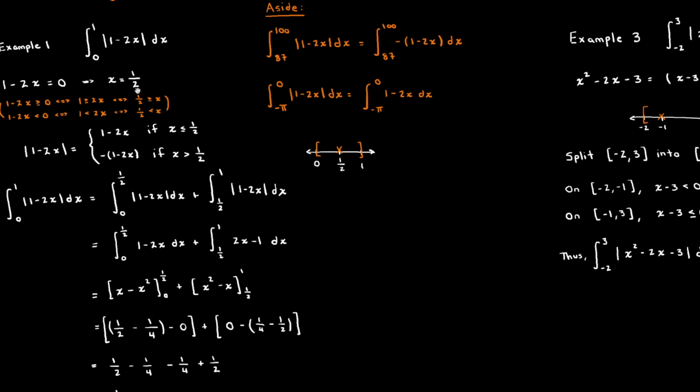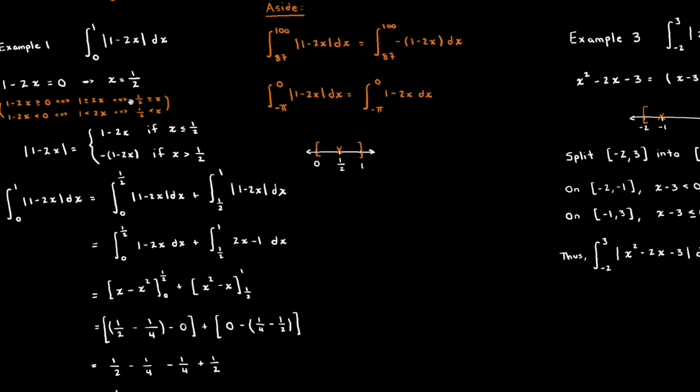And now what you can do is just reason what happens to the left of 1/2 and what happens to the right of 1/2. Or you could also do it a little bit more formally by solving a couple of inequalities like I've done here. So we can check when 1 minus 2x is bigger than or equal to 0. And solving this inequality gives us that we must be to the left of 1/2.